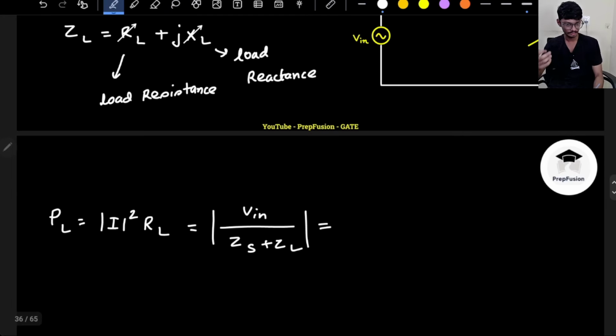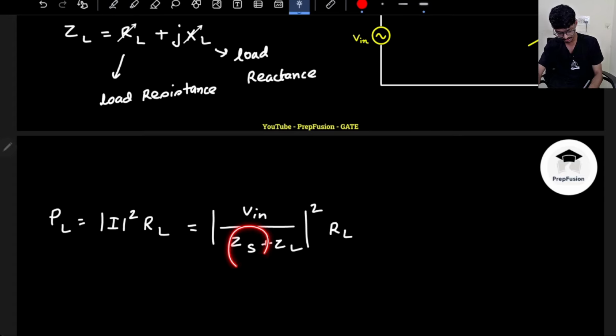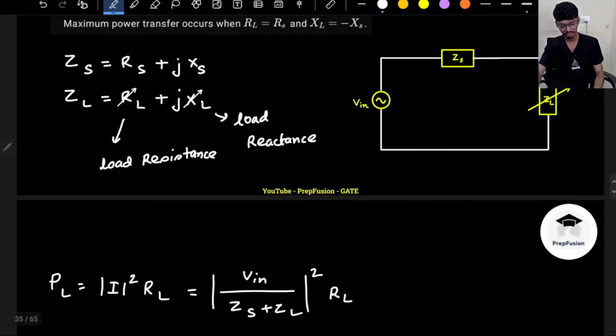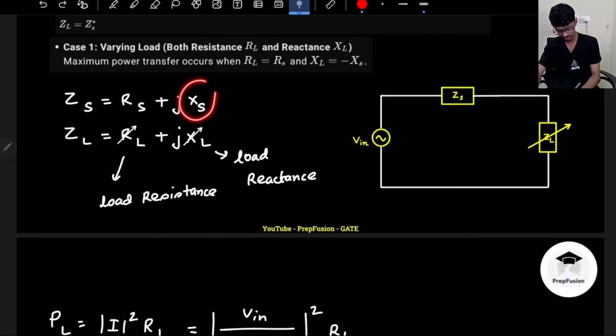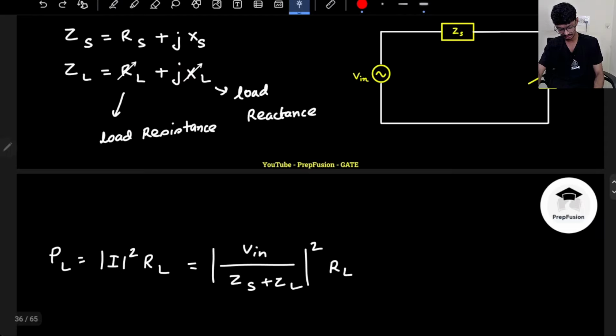I don't know, obviously it is a constant number, right? V in is not varying. Okay, sorry, this is the current whole square into the resistance RL. And I can replace my Zs and Zl with their equivalent values. Zs is Rs plus jXs, the source reactance, and this is RL plus jXl.